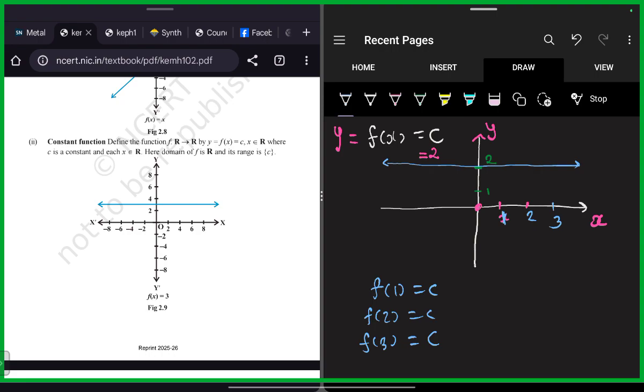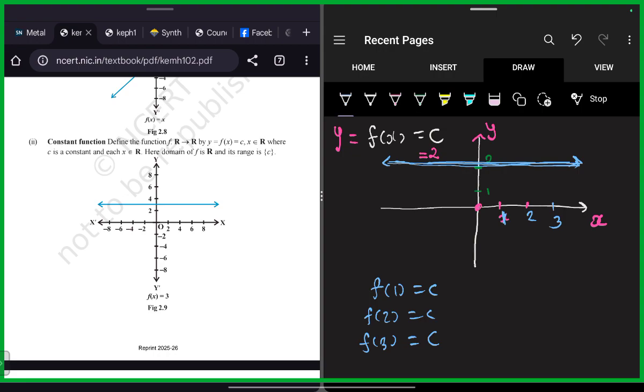Even if you put x is equal to 999, it will come out to be c, constant. So that's why it is stuck at this number 2, because we defined that c is equal to 2, for example. So that is how a constant function looks.